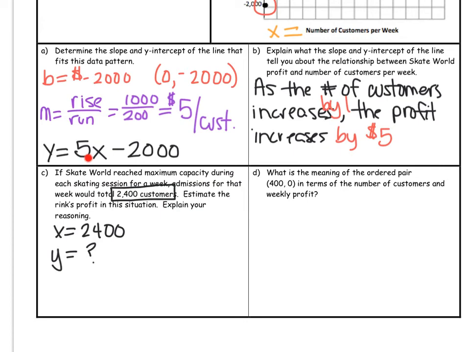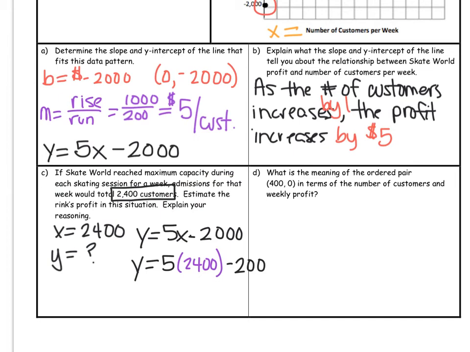So we're going to use the formula y equals 5x minus 2,000. I'm going to take out x and plug in 2,400, multiply that times 5, and then subtract 2,000. And when I do that, if there are 2,400 customers, the roller rink will make a profit of $10,000.